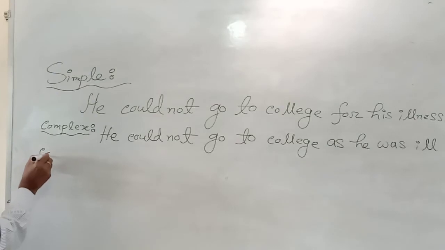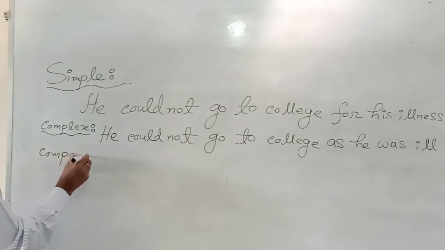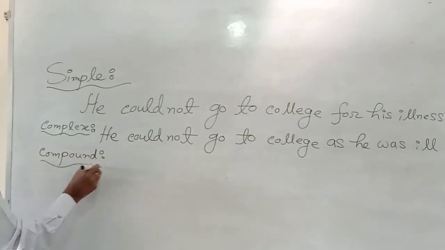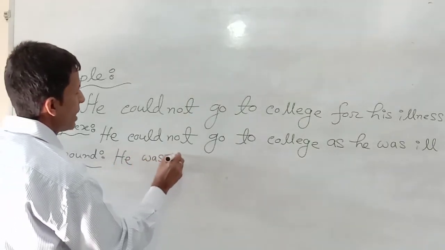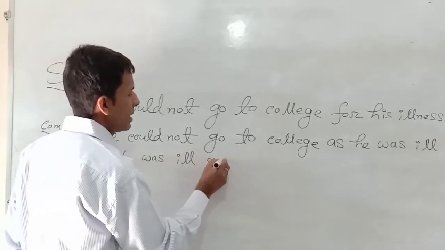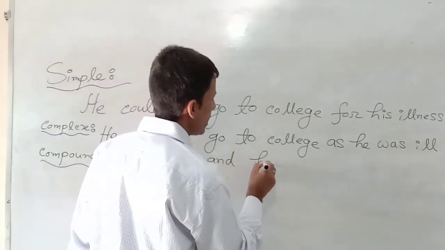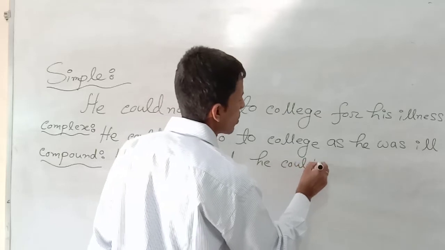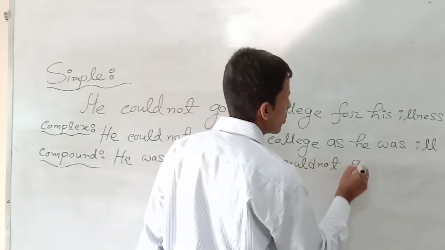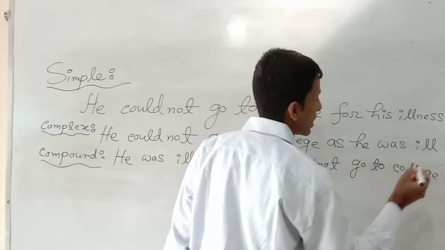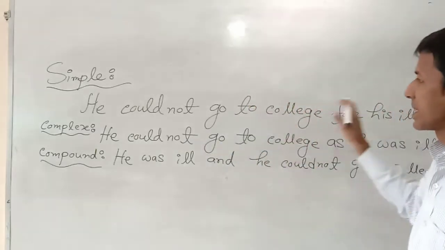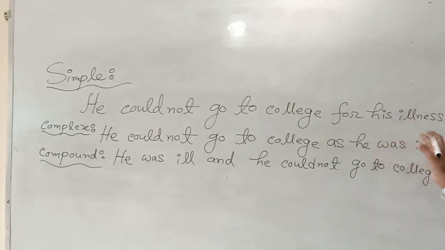Then in the compound form, you will have to write: He was ill and he could not go to college. Look at these examples. You will find very easily in what way I have transferred all these sentences by following the structures.